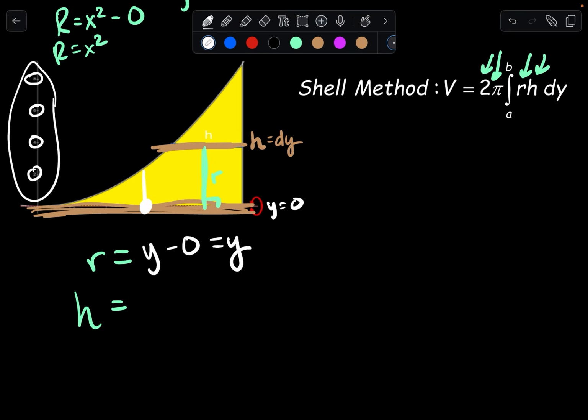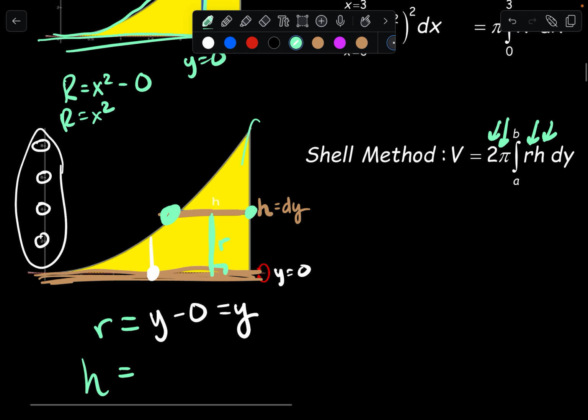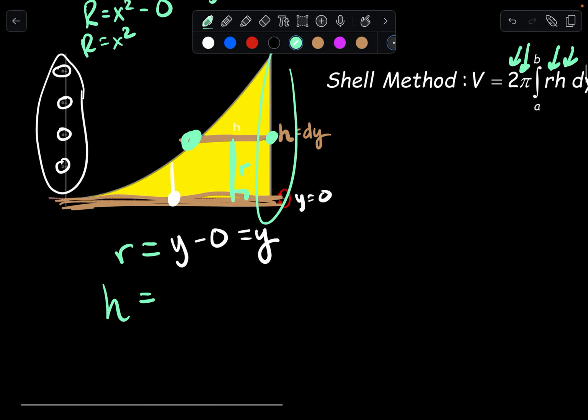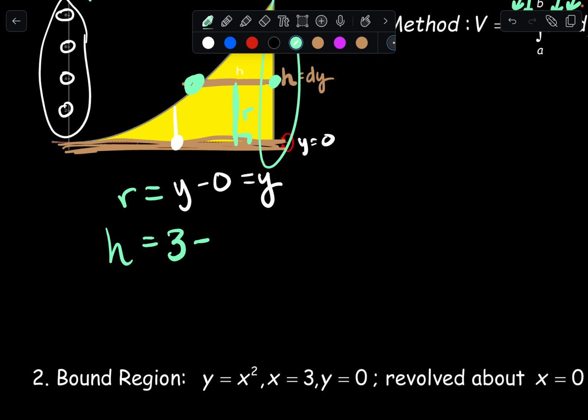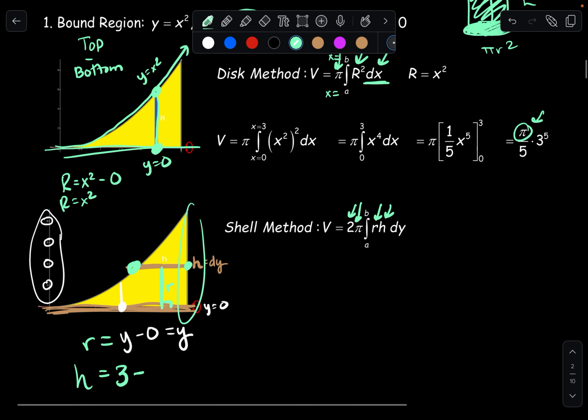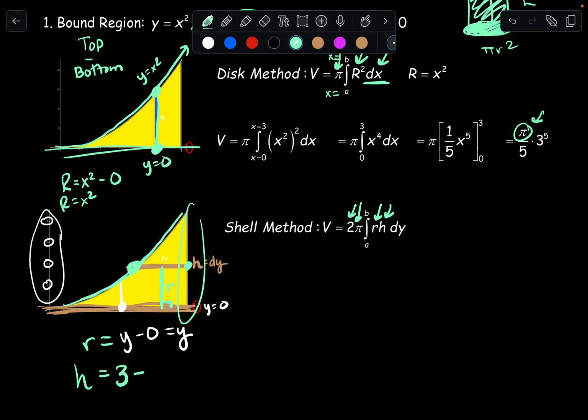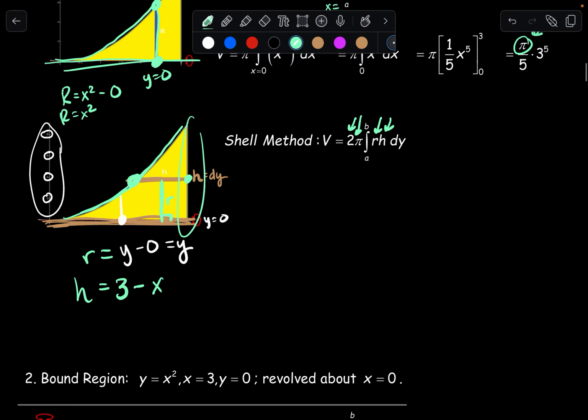Our h value is parallel to the axis of revolution, therefore it's horizontal. So it's going to be right minus left. The right side here is just a value of 3, okay? 3 minus, and then on the left side, this is our parabolic curve, y equals x squared.